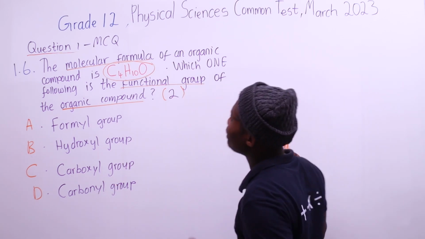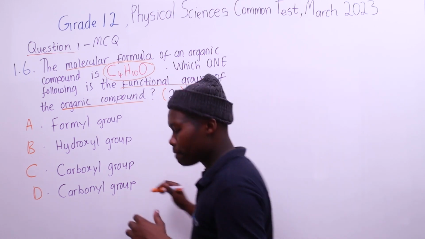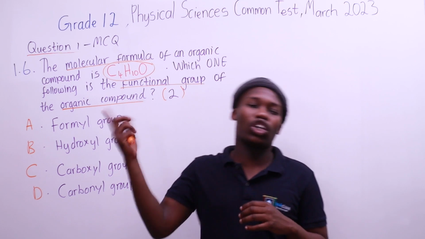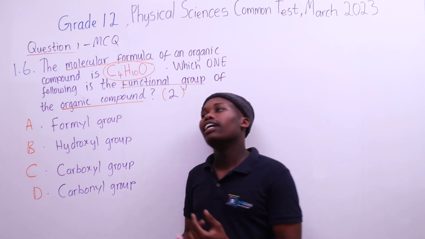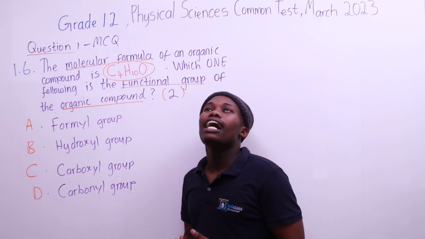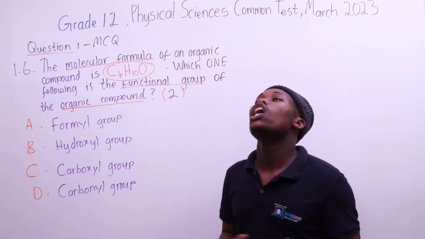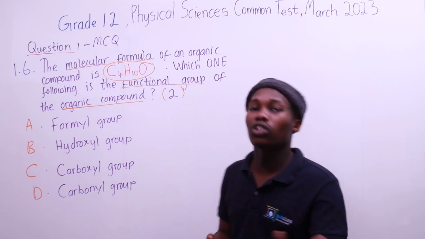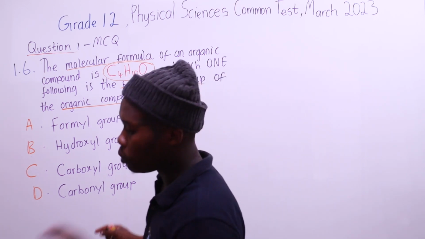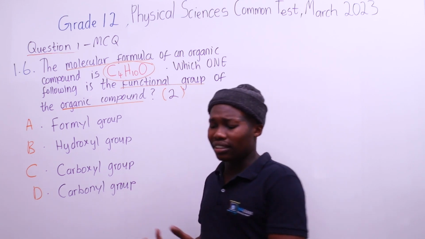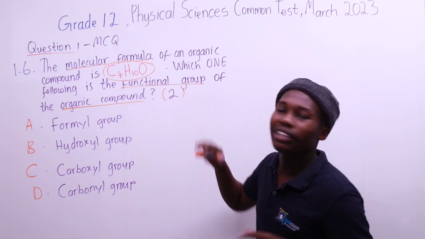And then we also have alcohols, which have an OH or hydroxyl group at the end. And then we also have carboxylic acids, which have COOH, and esters, but those have O2, and this has only one O, so it is not.